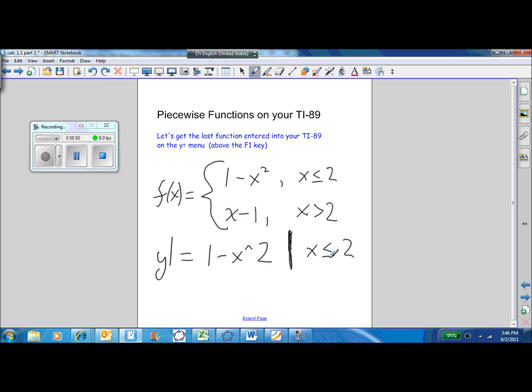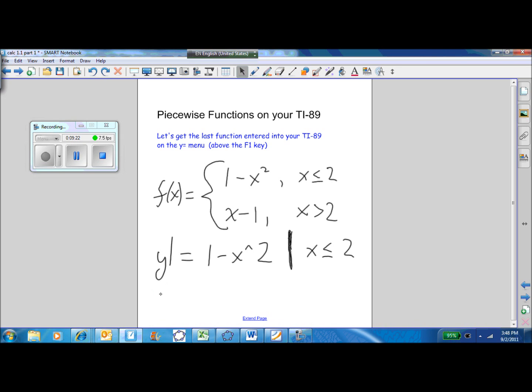Now notice your less than symbol is above the 0 in the calculator. To get less than or equal to, you can just hit the gold key and then the 0 key. If you just hit the blue key, the second key, and then the 0 key, it gives you strictly less than. To get less than or equal to, hit the diamond or gold key on the left there, right below the second key, and hit the less than symbol.